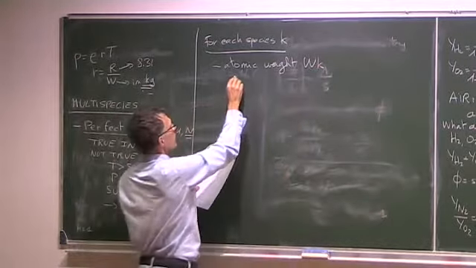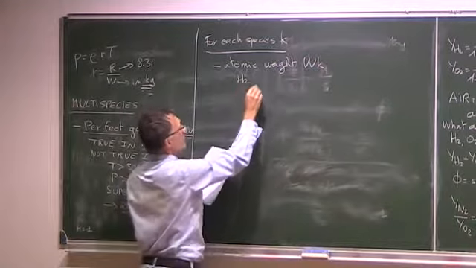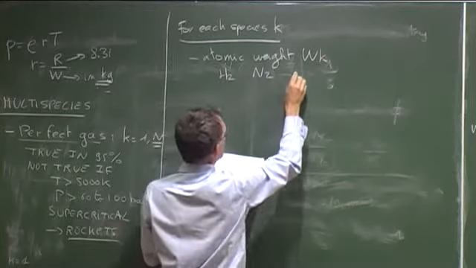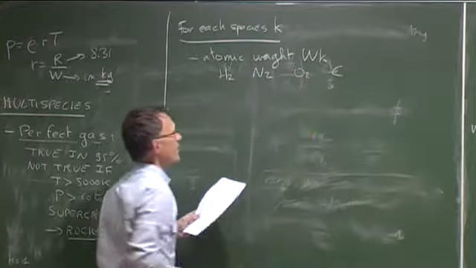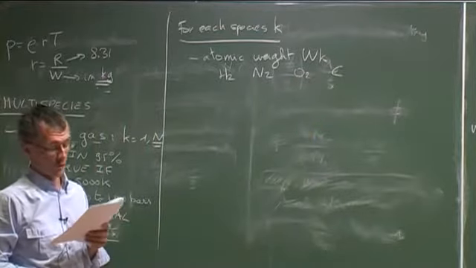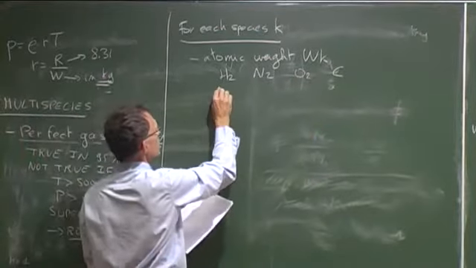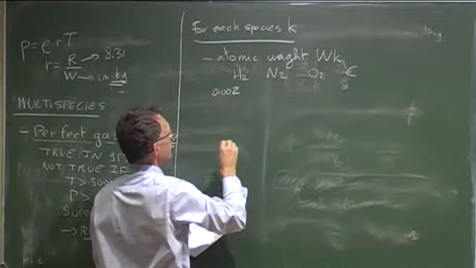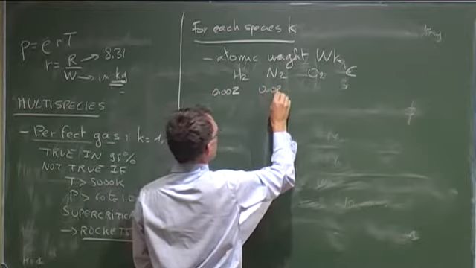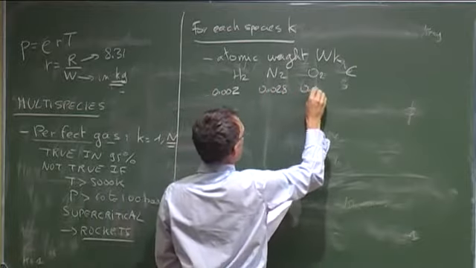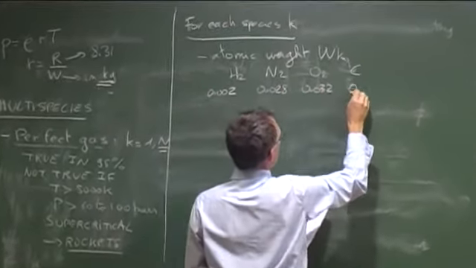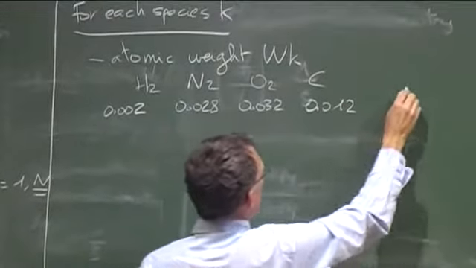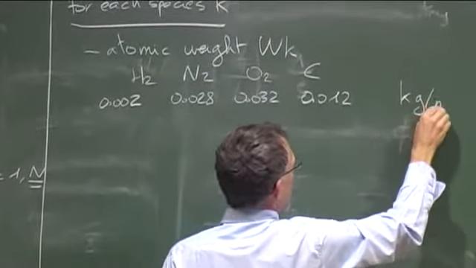I know it sounds simple, but we see a lot of people who have forgotten that. So H2, N2, O2, those are basically the four guys you need to know if you want to do combustion. Here, H2 is 2. Actually, I should put 0.002. N2 is going to be 0.028, 0.032, and 0.012 kilograms per mole.